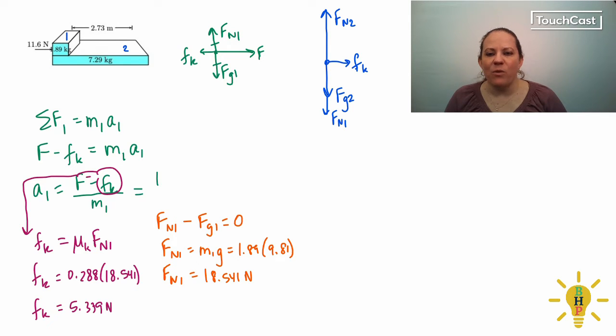The applied force on my small block was 11.6 newtons, and we will subtract from that the frictional force and divide that by the mass of my small block, and I get an acceleration for block 1 of 3.31 meters per second squared.